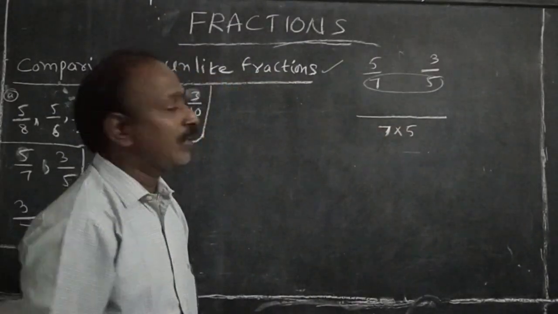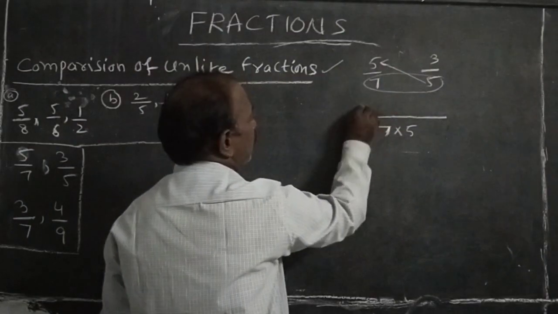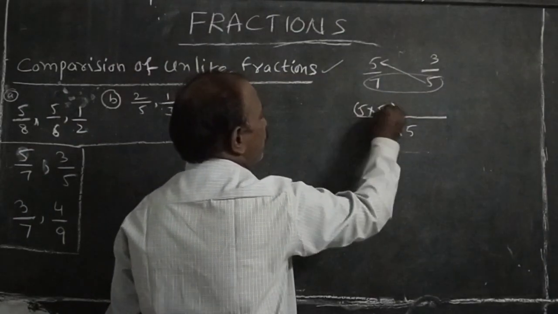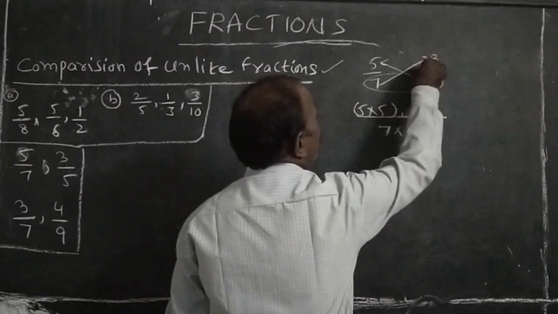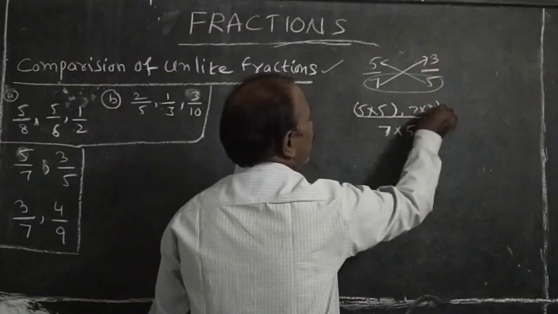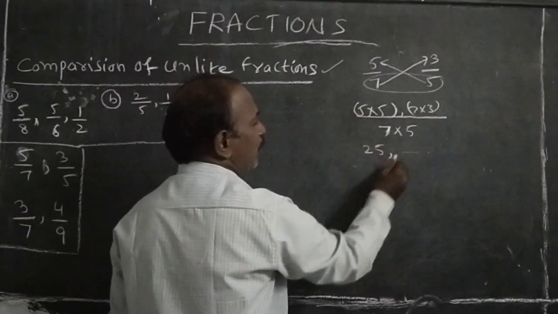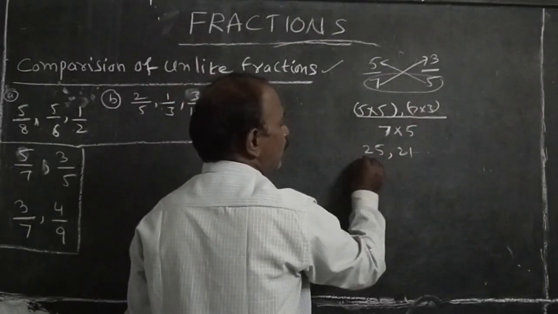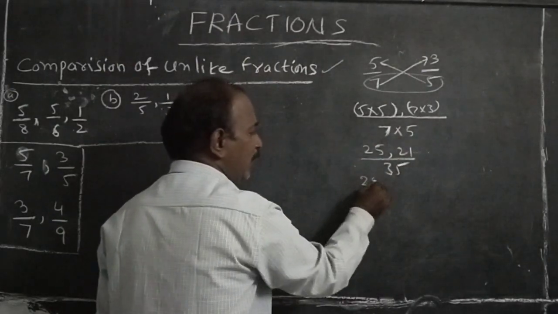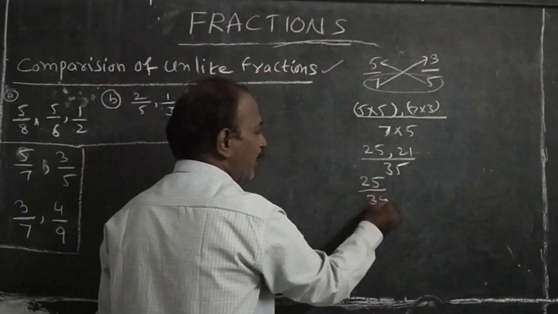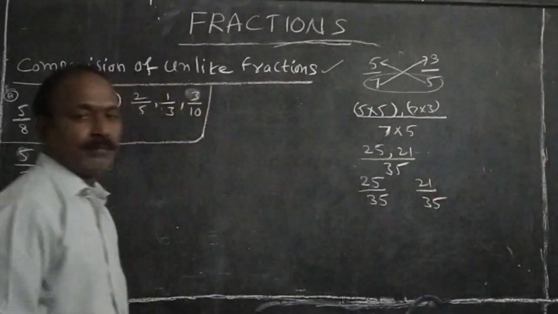Then this denominator to this numerator, 5 into 5, and this denominator to the numerator, 7 into 3. 5 fives are 25, 7 threes are 21, over 35. So it can be written as 25 by 35 and 21 by 35.